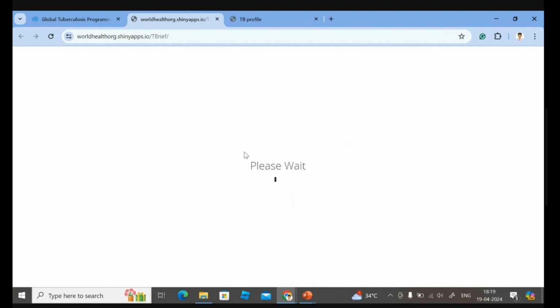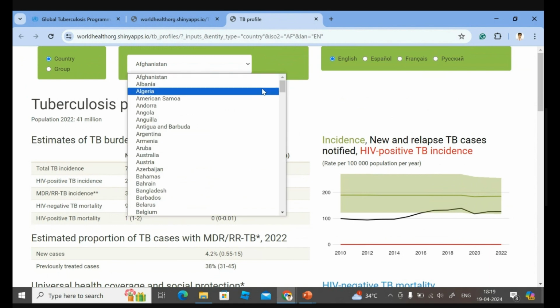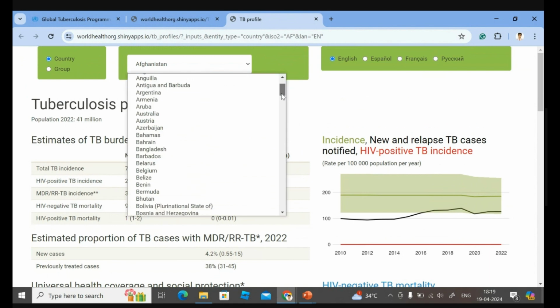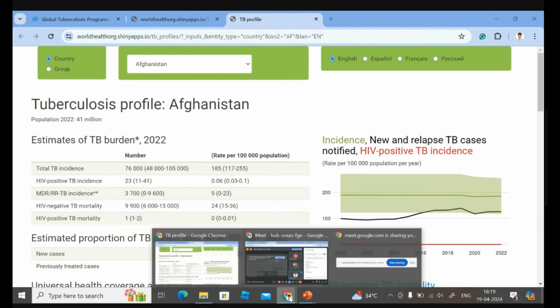So let's wait. Now this is country wise. I don't know how many of you are on laptop, but otherwise you could have done this. I can also provide you the link.